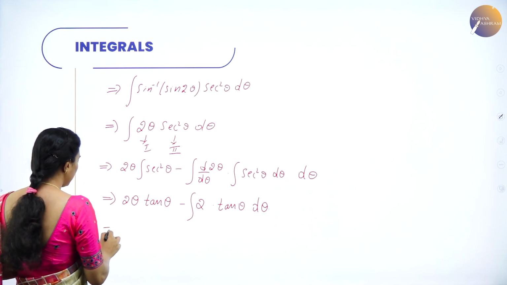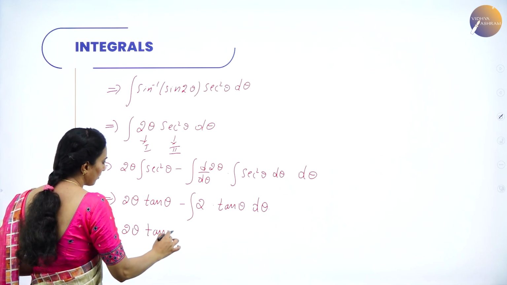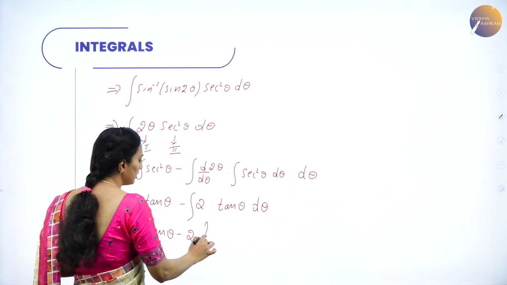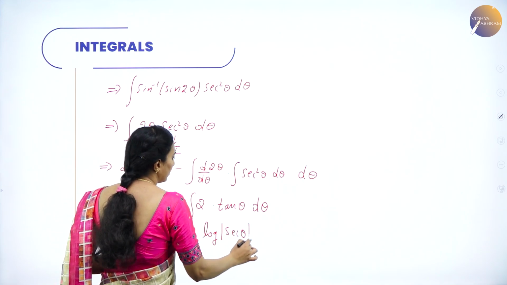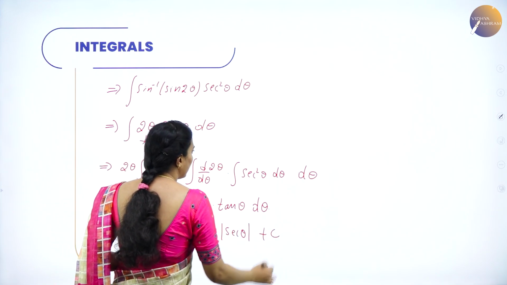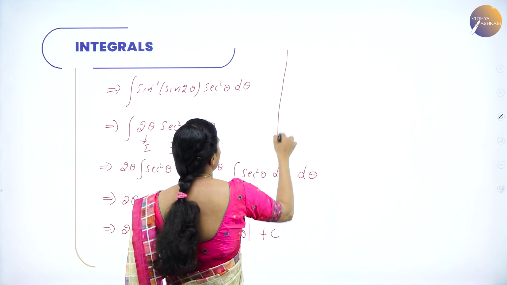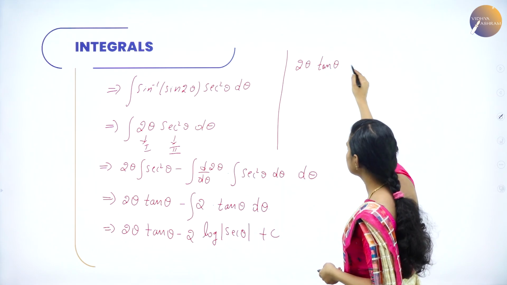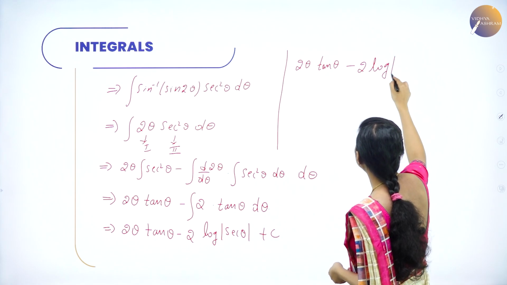Therefore, which implies 2 theta into tan theta minus 2 can be taken. Integral of tan theta is log of modulus of secant theta plus c. Now, further simplification it will be giving you, see here, 2 theta into tan theta minus 2 into log of secant theta. I am going to write it as c.